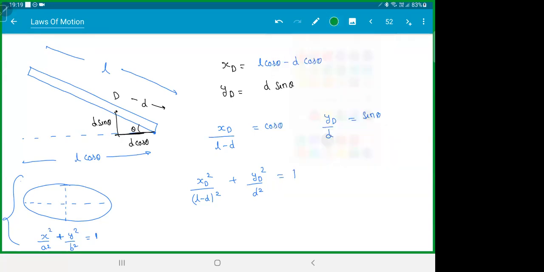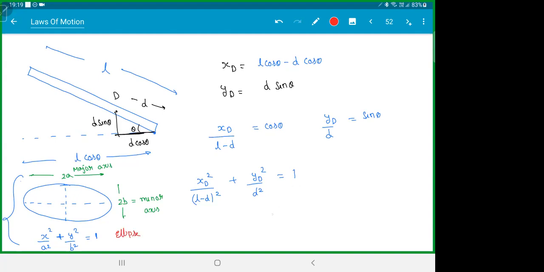This is an ellipse where this length is 2a, and this length is 2b. This is called the minor axis, the smaller one. The 2a is called the major axis. Any equation of this form is an ellipse. If a is equal to b, it becomes a circle.